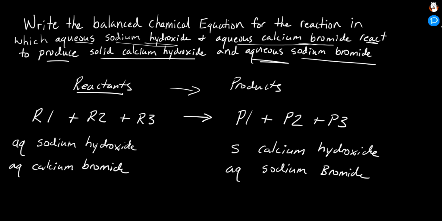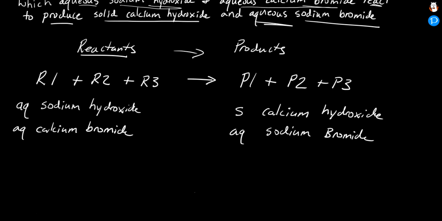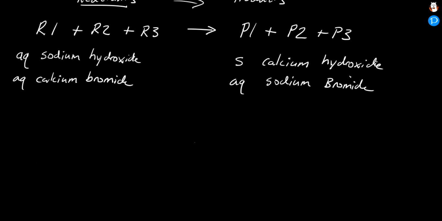So we actually want to write out what the formulas are for each of these chemicals that are involved, okay? So this is where we have to think back to when we learned how to name and write formulas for both ionic and covalent compounds. You're going to need to remember all those rules about balancing charges and things and polyatomic ions and all of that in order to write out these reactions.